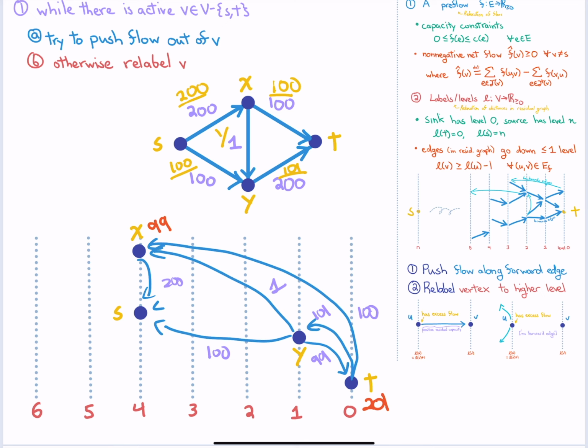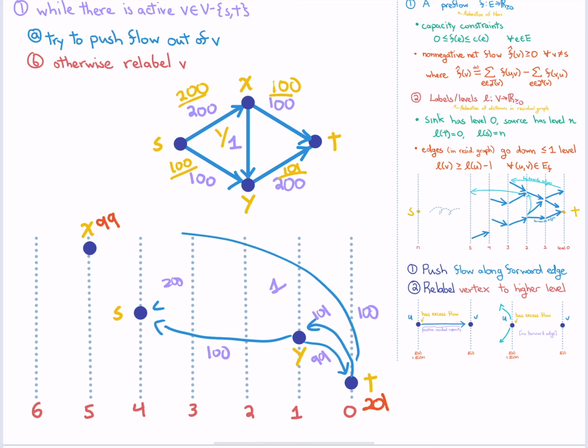All right, pick an active vertex. X, do you want to push or relabel? I heard both. Okay, relabel. There's no forward edges. So we'll relabel X. It goes up another level, like that. That edge. That edge. That edge has capacity 200.